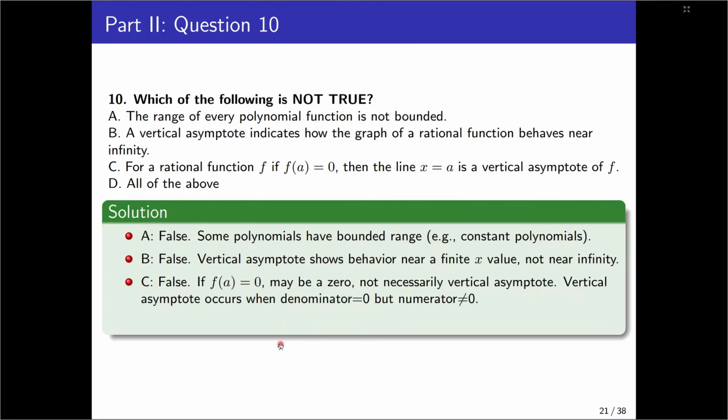A vertical asymptote occurs whenever the denominator is 0 but the numerator is non-zero at that point. That is, if x equal to a is a vertical asymptote, the denominator must be 0 at a, but the numerator must be non-zero. So all statements A, B, and C are false. Therefore, D, all of the above statements are not true, is the answer.